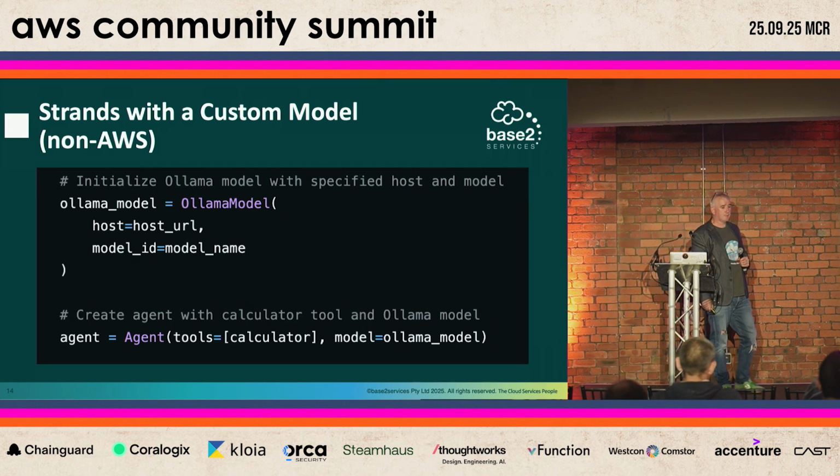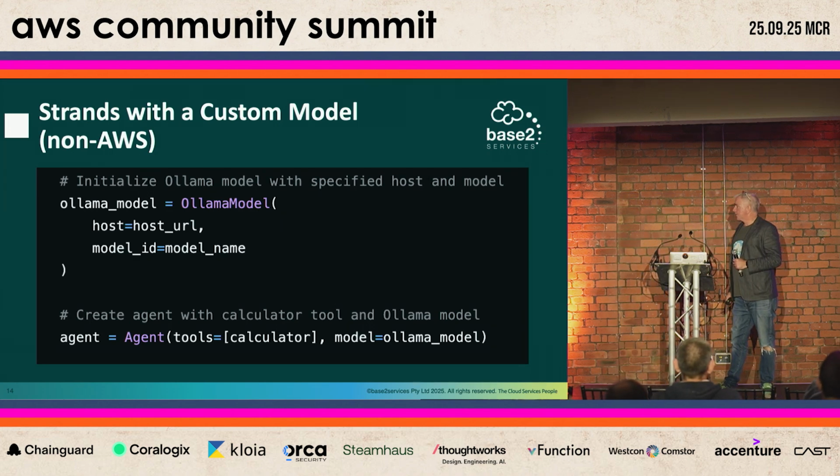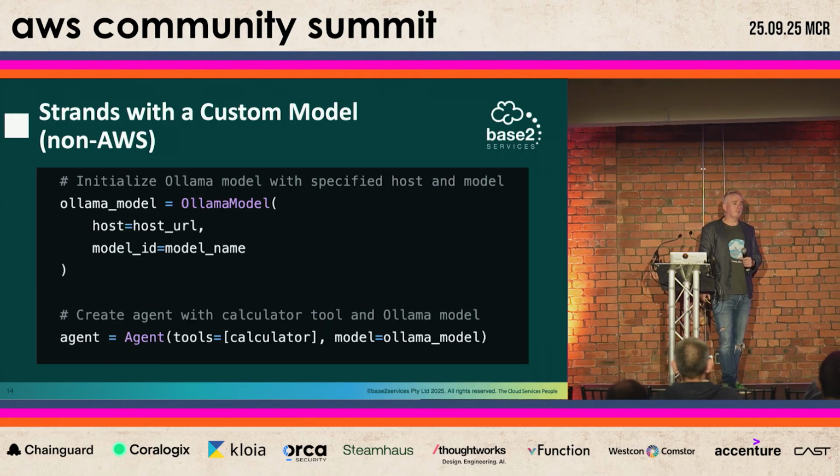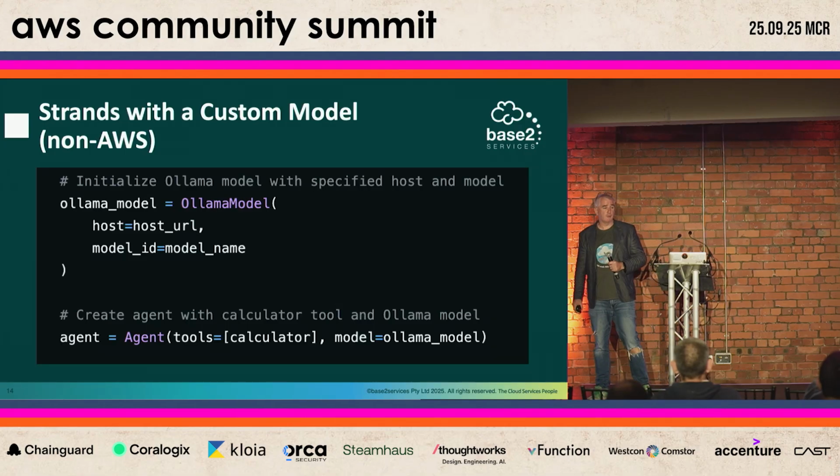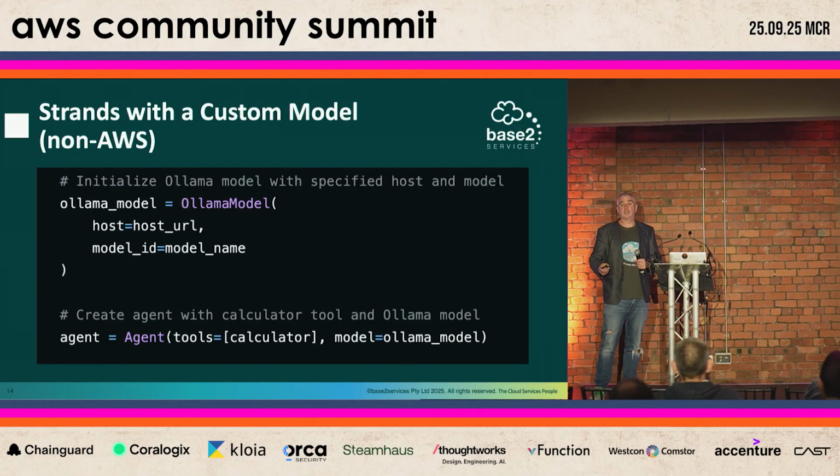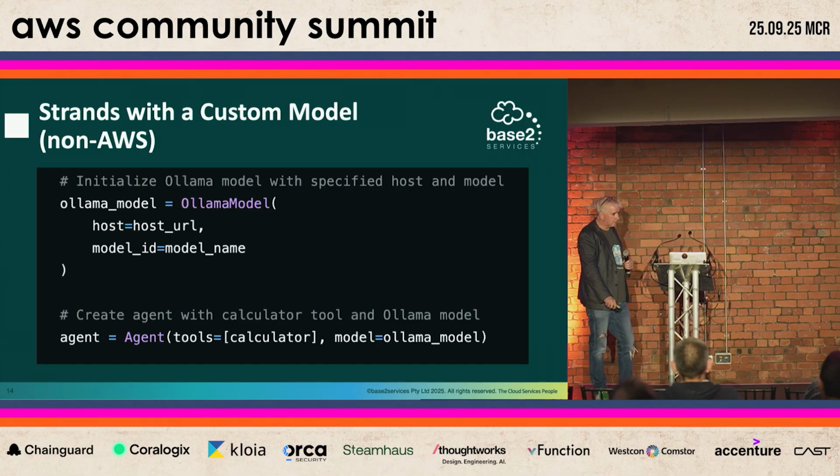So here's an example of creating a model that uses Ollama. For those that don't know, Ollama is a framework where you can run LLMs locally. Basically, you create Ollama services, and it pulls a container and runs that on your machine, assuming you've got the resources to run the model.